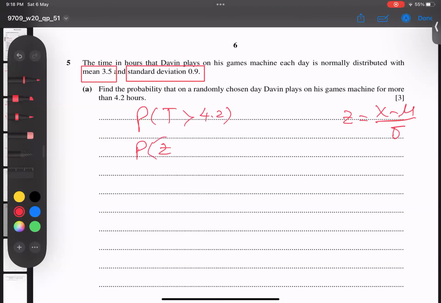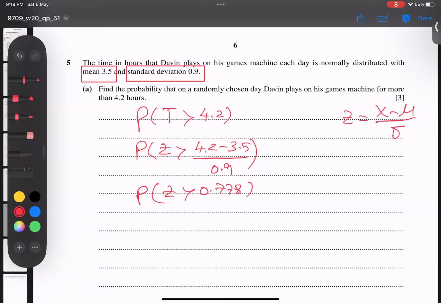I write z as I will convert it. I'll write z equals 4.2 minus mean, and mean is 3.5, over deviation 0.9. And if I type this in the calculator, it is coming 0.778.